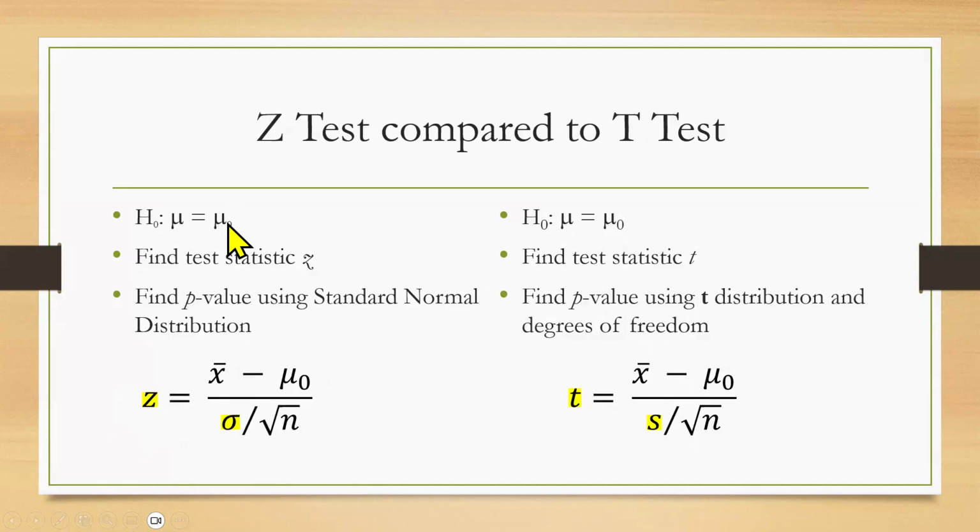I think the true mean of this population is 27.3, so that's mu sub 0. We find the test statistic z using this equation. We had to use the population standard deviation because we had to make that assumption, and then we use the square root of the sample size here. And we would go to the standard normal distribution to find our p-value based on this value of little z.